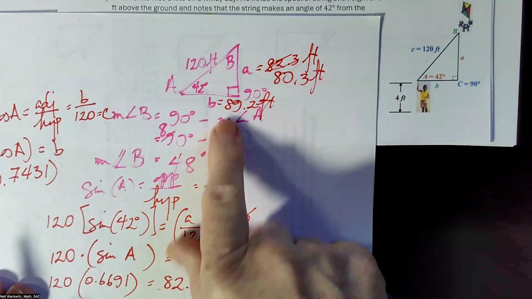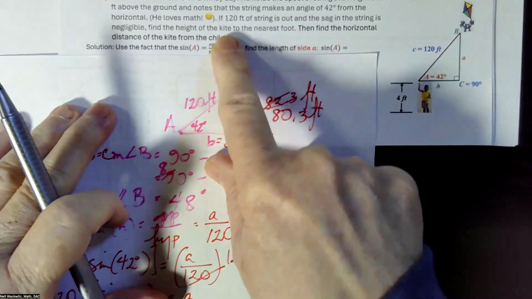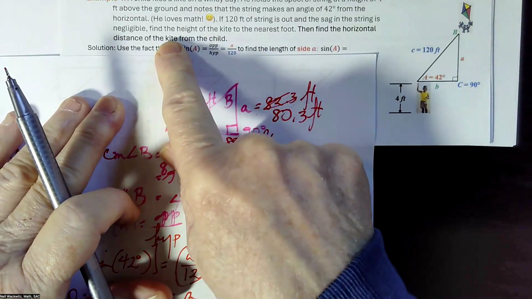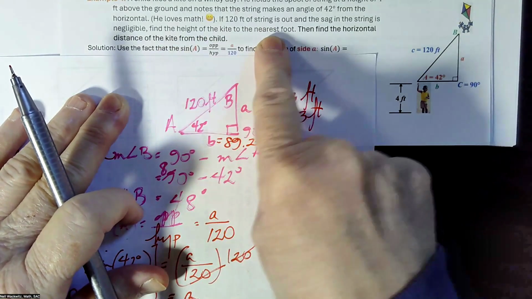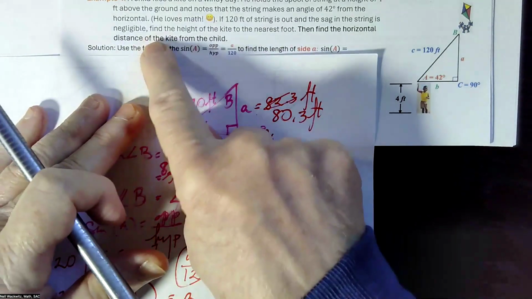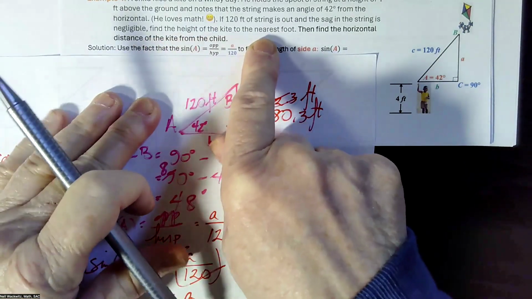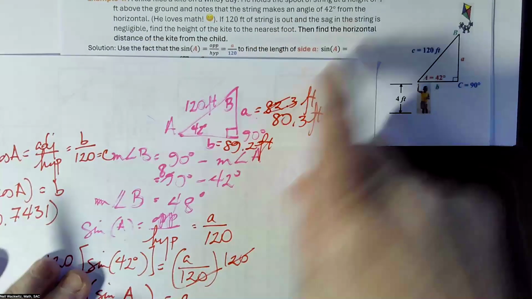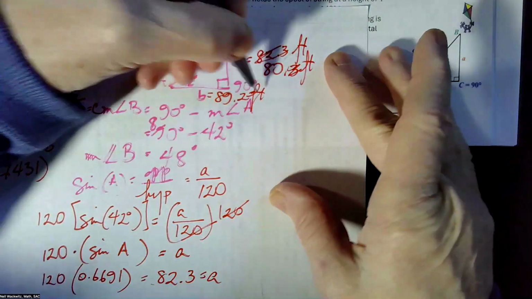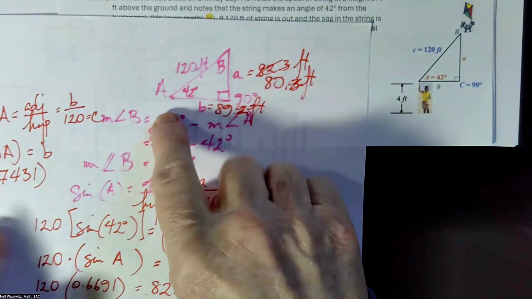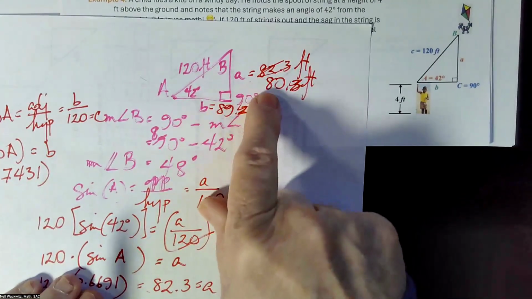We wanted to find how high the kite was, and we wanted these to the nearest foot, so we can do some rounding. The height with respect to the child was 80, so we're going to round off. So the height is 80 feet with respect to the child.